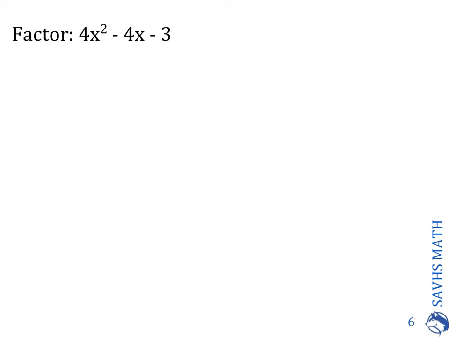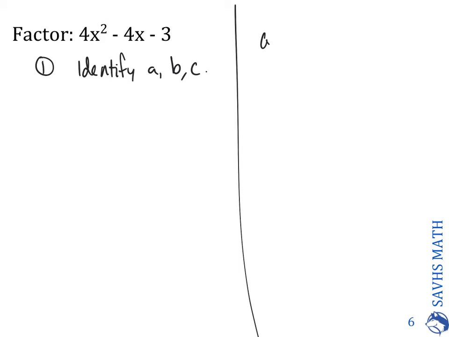Okay. Step 1 is going to be identify A, B, and C. So on where I'm actually going to do my work, A is 4, B is negative 4, C is negative 3.